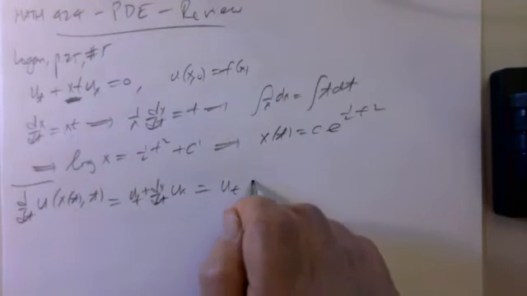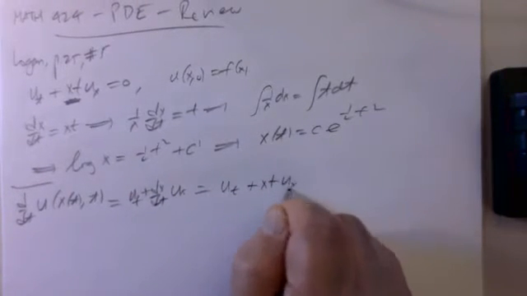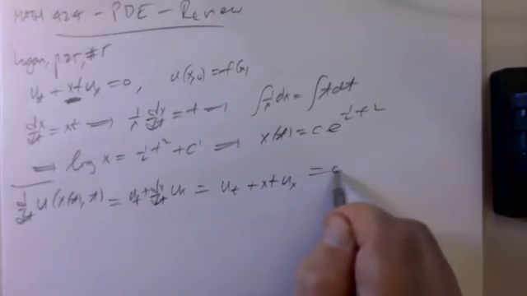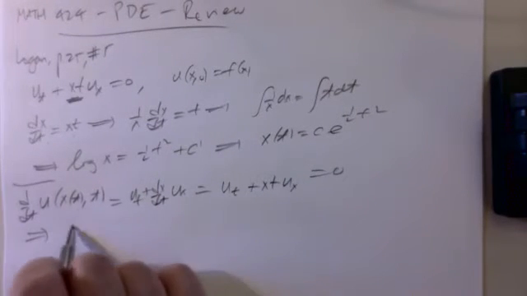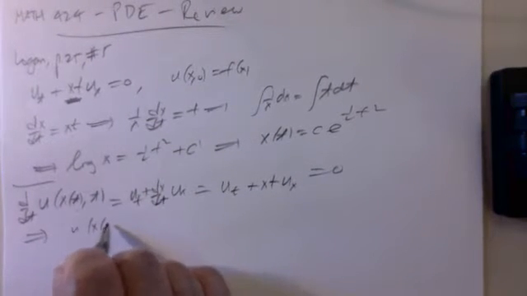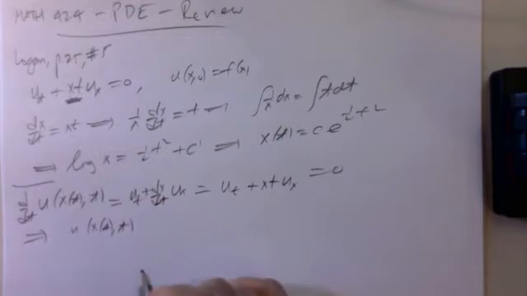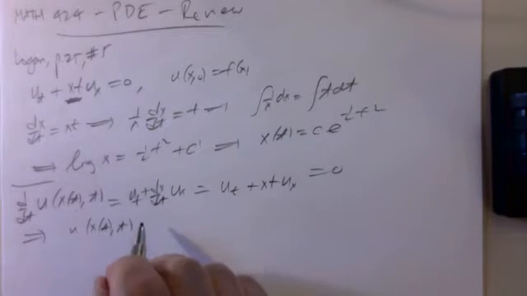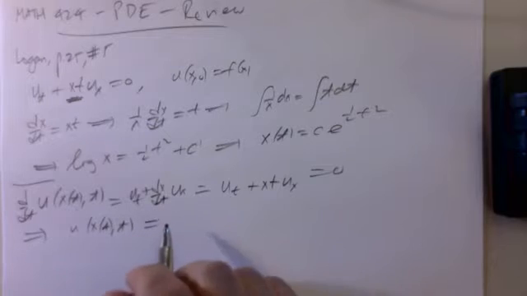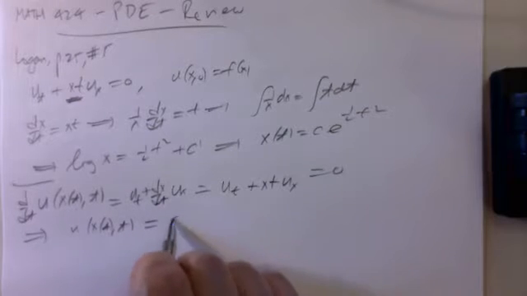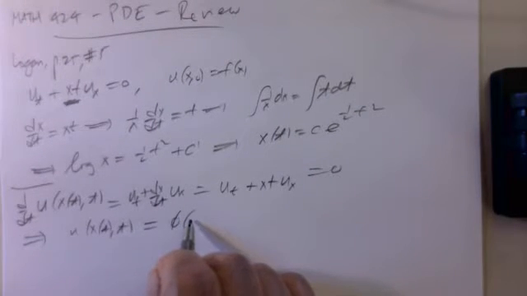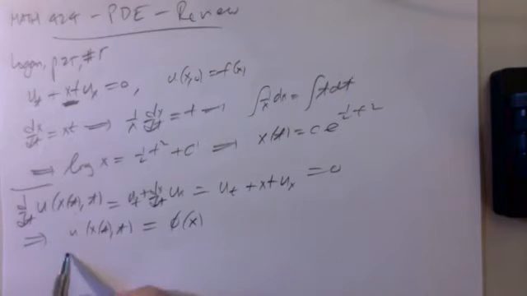So this is u sub t plus xt u sub x, which is 0, which means u of x of t comma t is constant with respect to t. It's some function, let me call it phi of x.